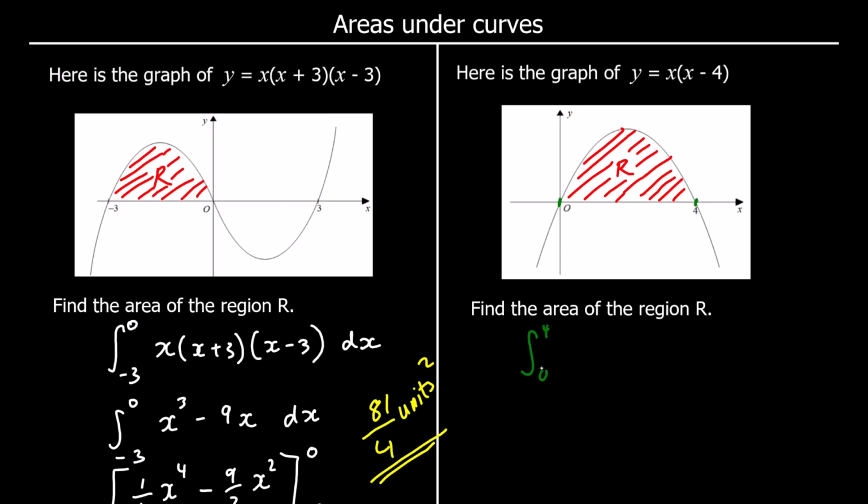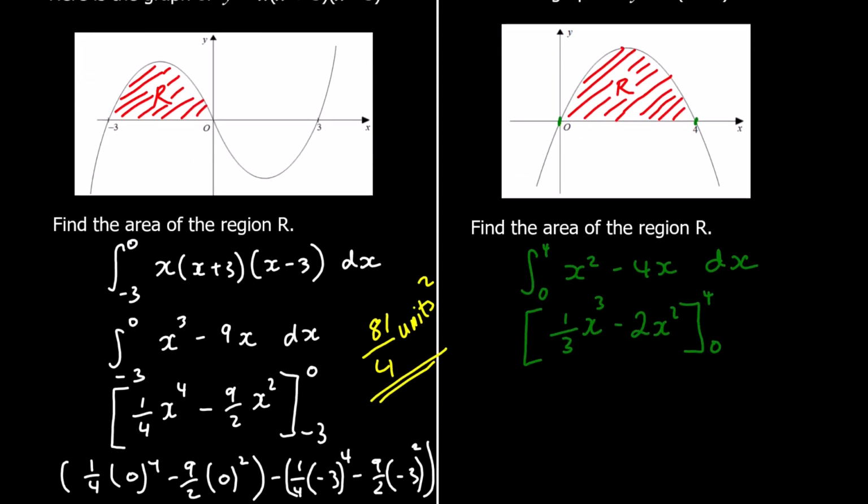So it's the integral between 4 and 0 of, if I expand the bracket, x squared minus 4x with respect to x. So add 1 to the power, divide by the new power, 1/3 x cubed. Add 1 to the power, divide by the new power, minus 2x squared, square brackets, and the limits. So we substitute in 4, substitute in 0, and take them away.